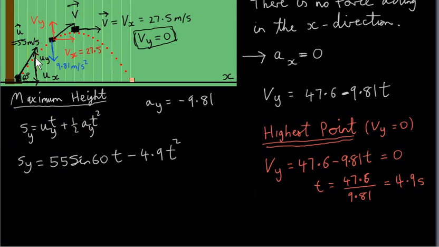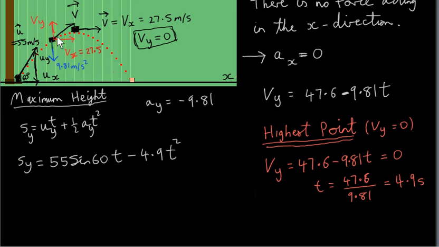Uy is 55 times sine 60. Ay is minus 9.81, so a half of Ay is minus 4.9. So we're dealing with vectors here essentially. Uy is a positive vector, but Ay is a negative vector. It's pointing downwards. So if we want to find the height of the particle at any time t, we can just plug in for time and work all of this out.